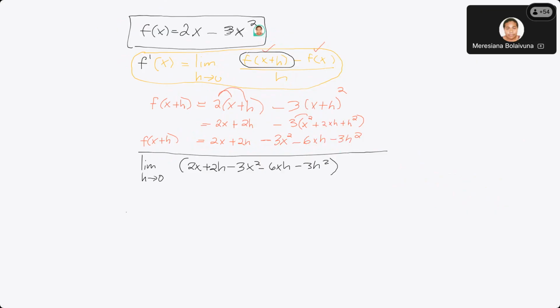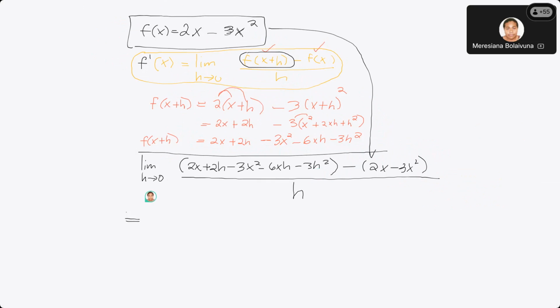The next one is minus f of x. F of x is the original equation that we have. So make sure you put that in brackets: minus, open bracket, 2x minus 3x squared, divided by h. So now, because we have brackets, we have to remove the brackets.